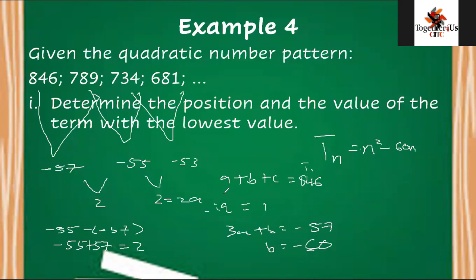And so we know that this is 1, we know that this is a negative 57, a negative 60, so this is just a negative 59, so c is actually going to be 846 plus a 59.